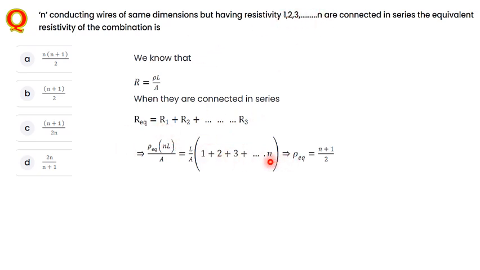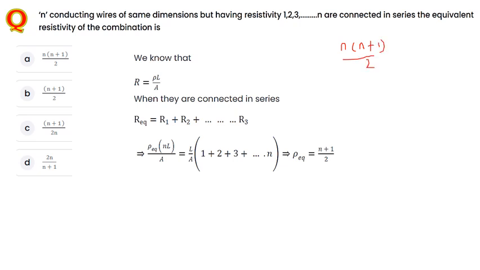In this case R equivalent is equal to the sum 1 plus 2 plus 3 up to n, and that formula is n into n plus 1 divided by 2.